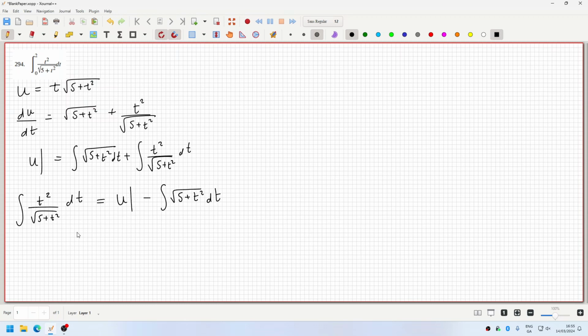So that would equal t root 5 plus t squared from 0 to 2, minus the integration. 2 squared is 4 plus 5 is 9, root is 3 times 2 is 6, minus 0. So we've simplified the integration to that at least. Sip of coffee.